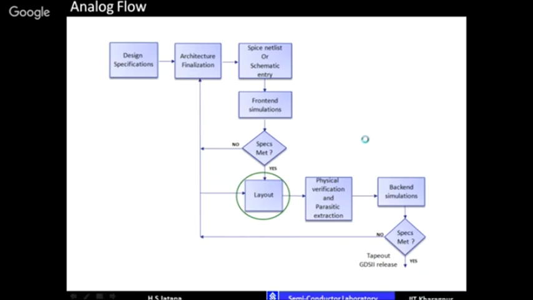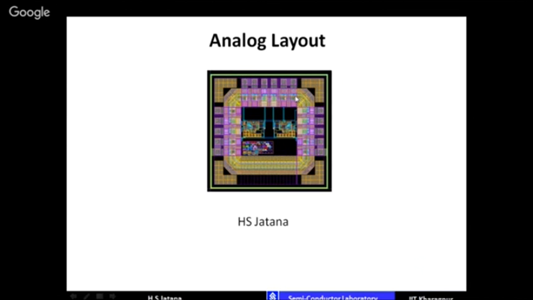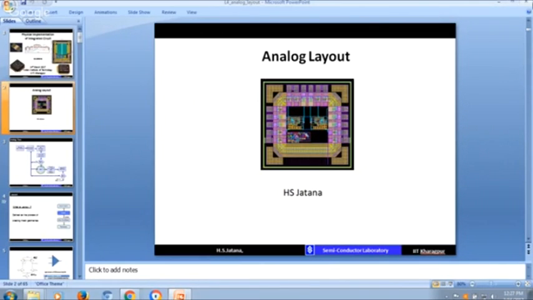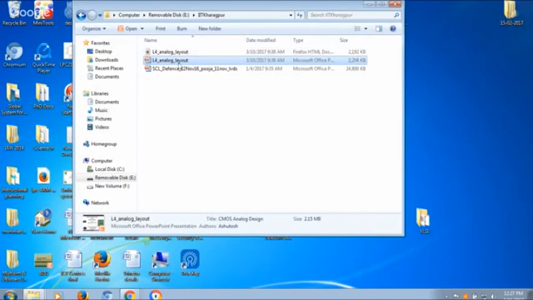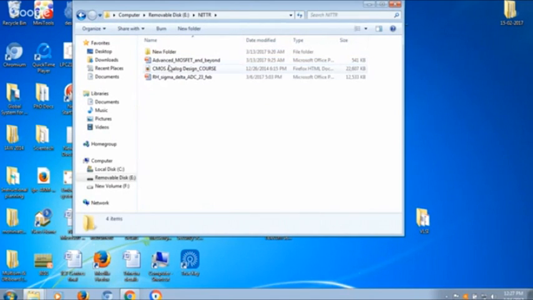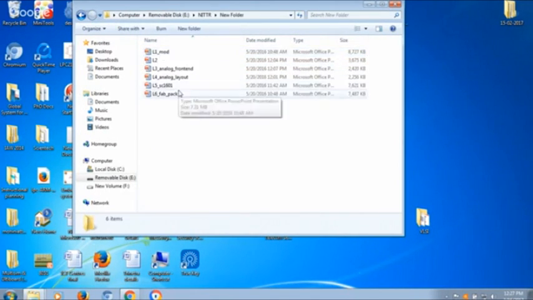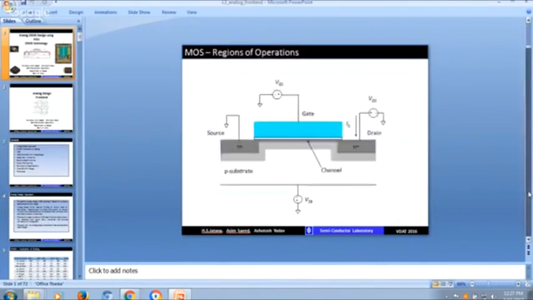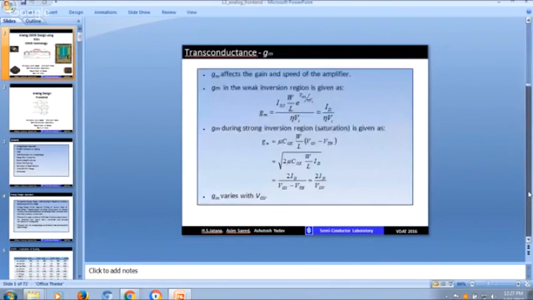And as I told you, in an analog design there are various modules, and if you have to learn this complete analog design, the starting point is the various blocks I had shown here.